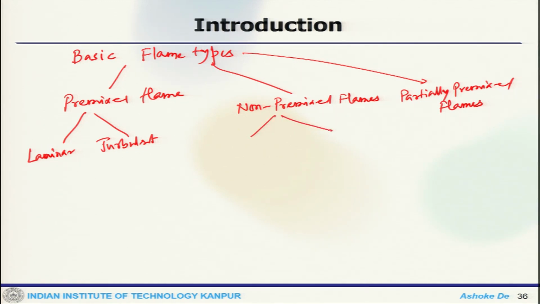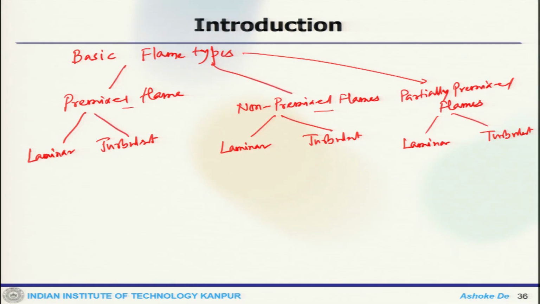Non-premixed flame could also be of two types, laminar or turbulent, and this case it could be laminar or turbulent. Now, why are we broadly categorizing these flames into different regimes? Because the characteristics of premixed flame are quite different from non-premixed flame, and at the same time partially premixed flames are different from these two.